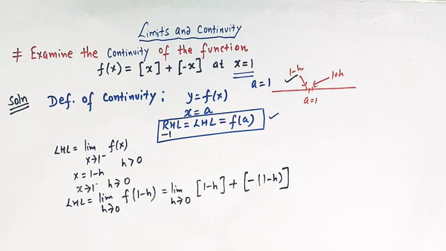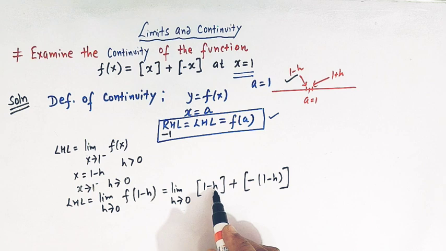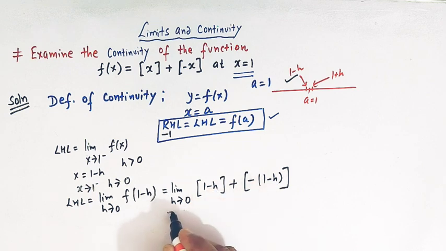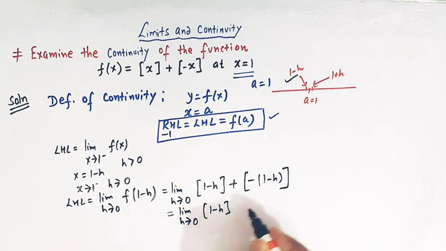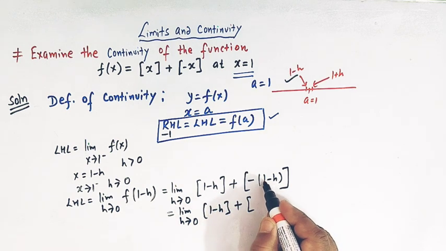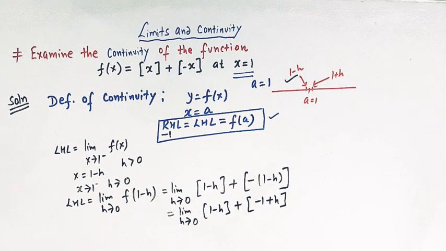Now here again we cannot find the limit by directly substituting h is equal to 0. So we'll write it as limit h tends to 0, greatest integer of 1 minus h, and here we can now write this term as minus 1 plus h.